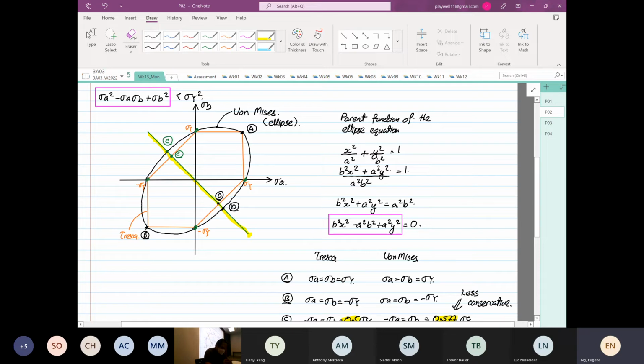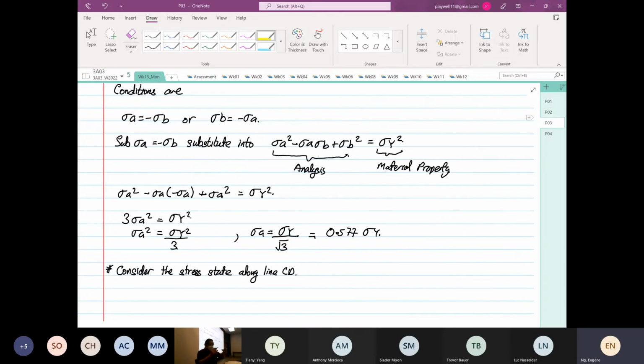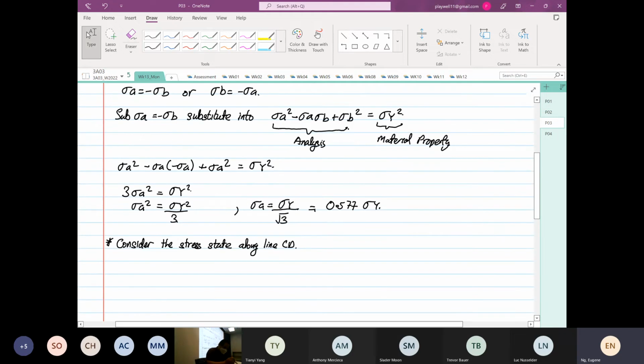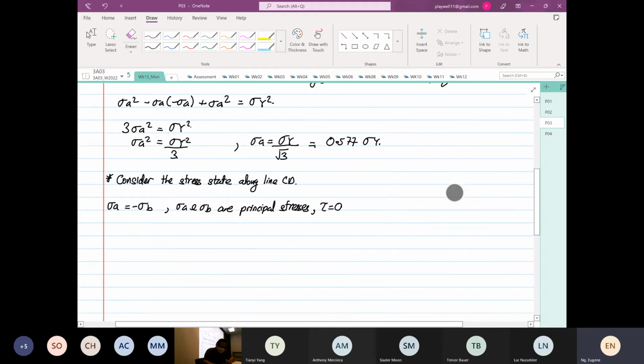So what stress state does our Mohr circle represent on line CD? Okay, so let's look at this. We know that we have to meet the condition where sigma A is equal to minus sigma B. And we are also aware that sigma A and sigma B are principal stresses. Nothing new, right? Principal stresses means shear stress is equal to 0.